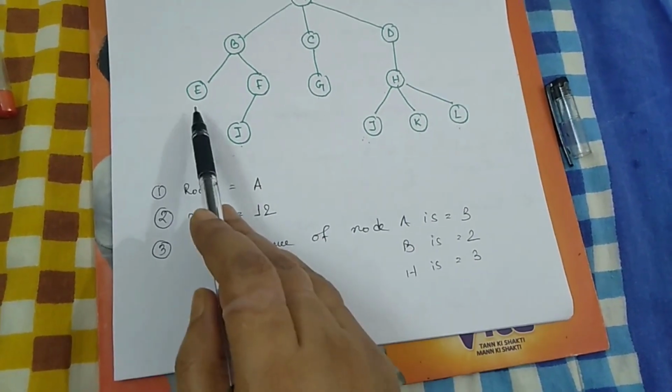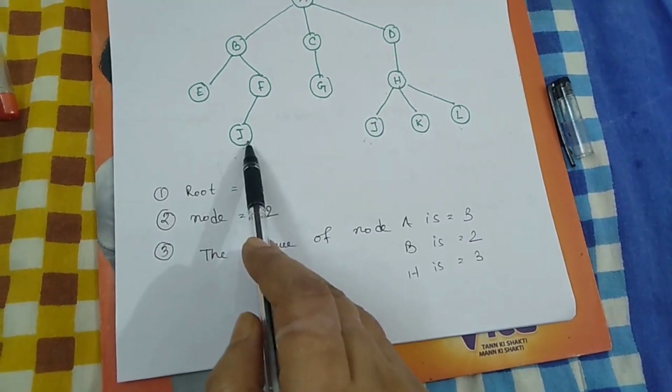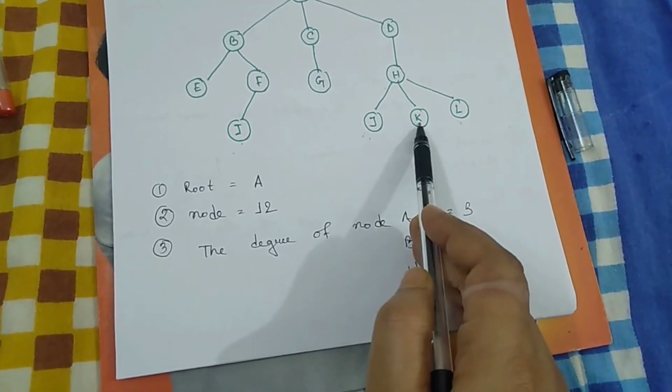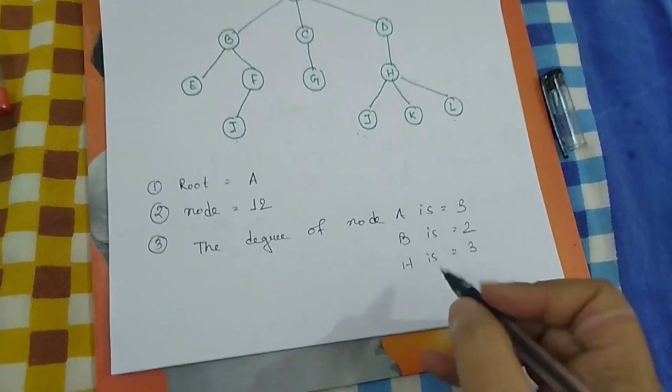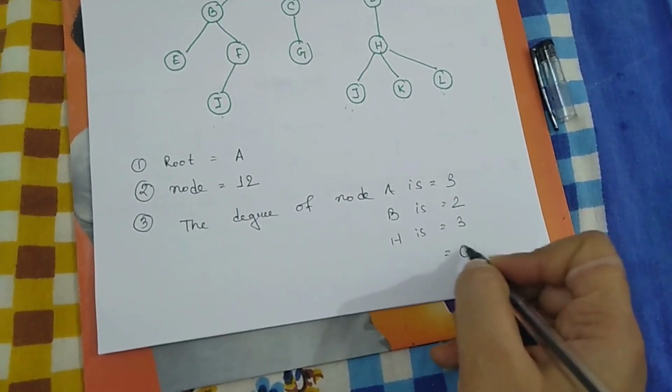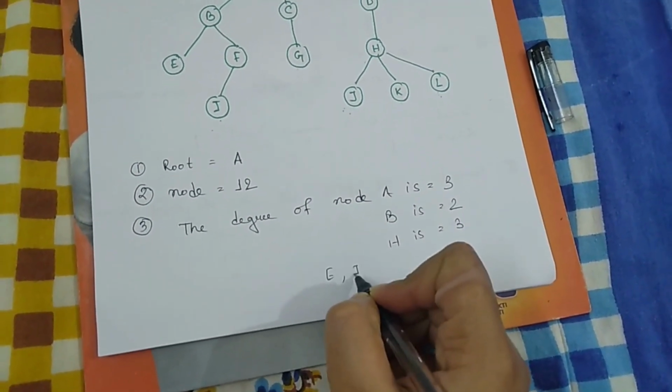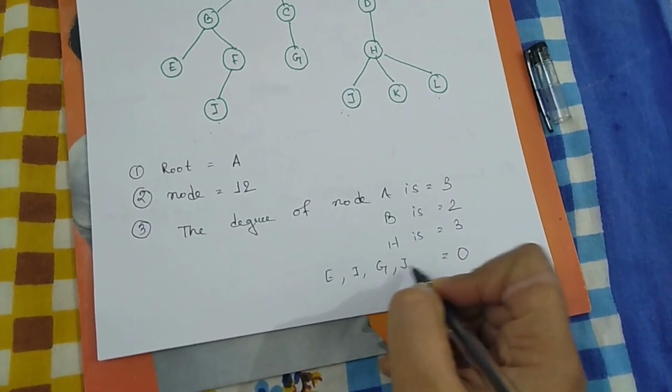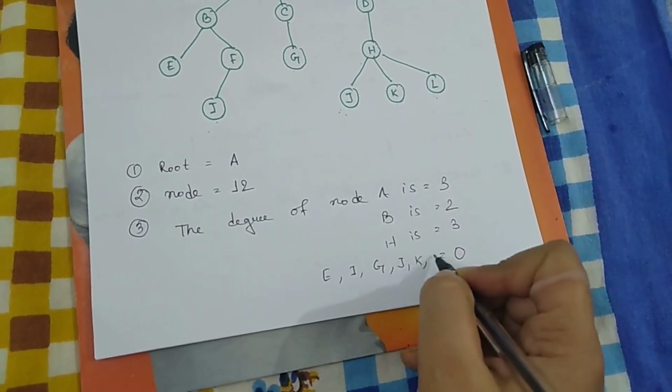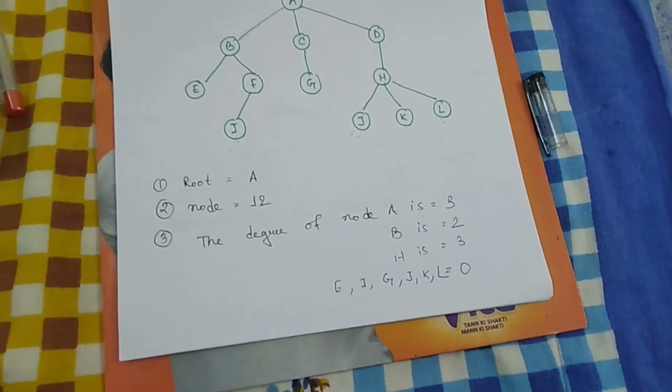That's why the degree of E, I, G, J, K and L is 0.